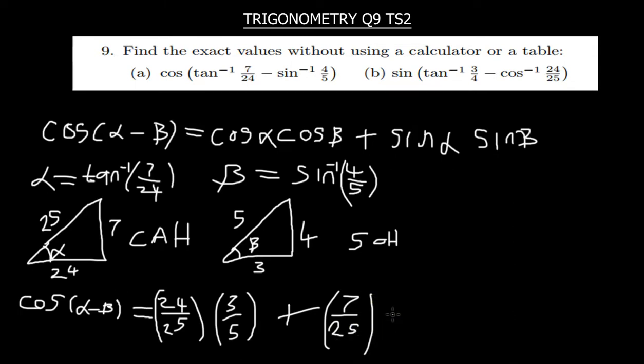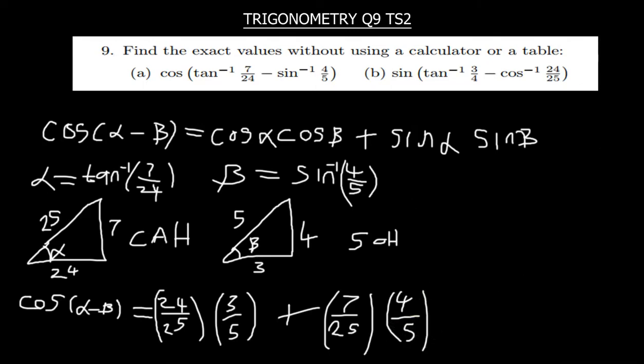I'll close the brackets, open another set of brackets, and then I'll go on my beta. Sine beta, which I've done here. Sine is opposite, so my opposite is 4 over my hypotenuse, which is 5.